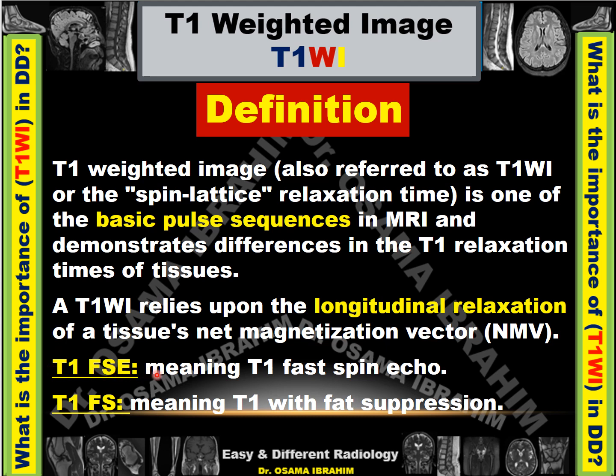T1 FSE means T1 fast spin echo. This is still spin echo. However, T1 FS means T1 with fat suppression, so this is spin echo also, but with fat suppression. The fast spin echo is one variant of the original spin echo T1.